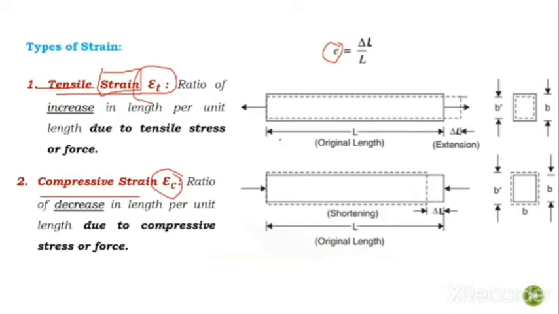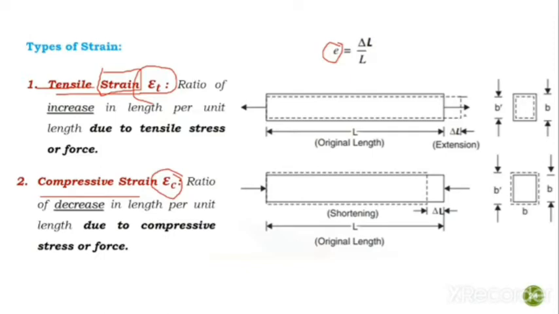Let us take a bar over here. The dark line denotes the original length, whereas the dotted diagram indicates the changed or final length of the bar after elongation. As you can see, this is the tensile force acting, so because of this tensile force, the length is going to increase.